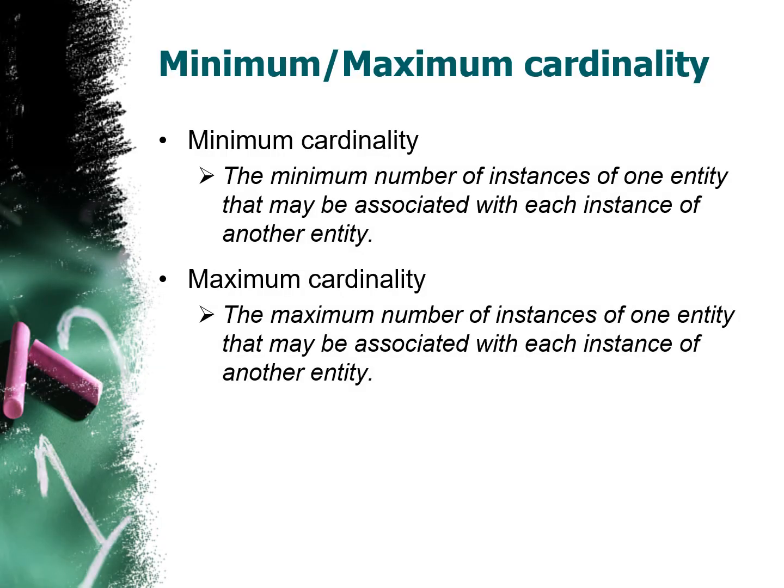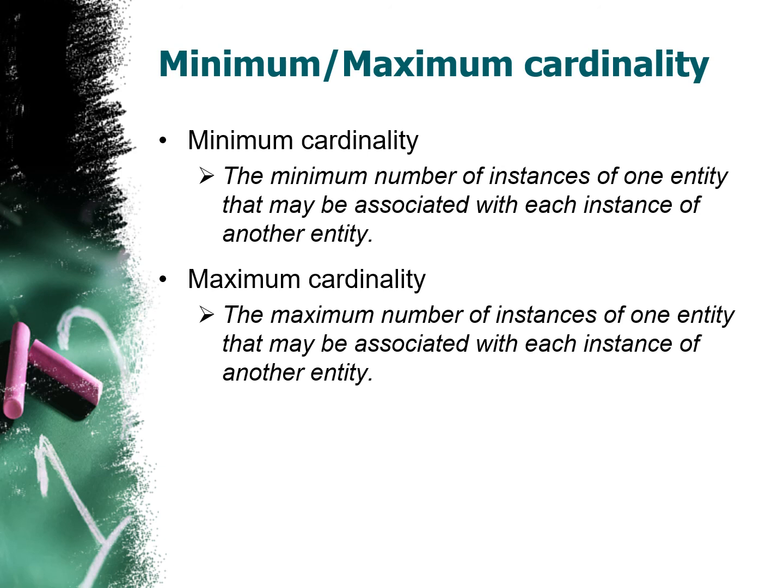So the minimum and maximum cardinality. Now talking about the minimum, this is the minimum number of instances of one entity that may be associated with each instance of another entity. I think you get the idea already on this one. If you're not, try to read it a little bit slow and try to absorb the concept of it.